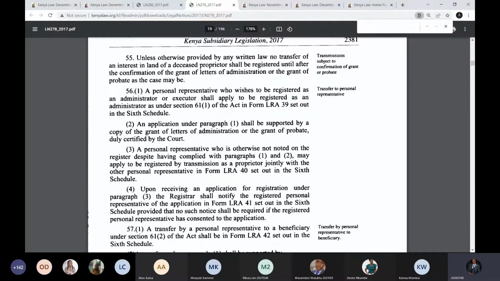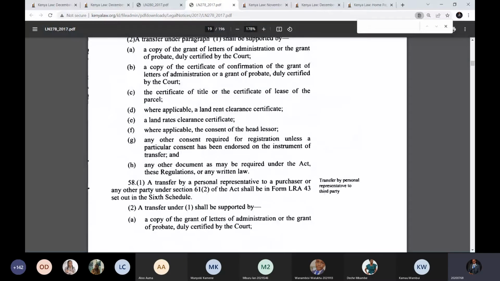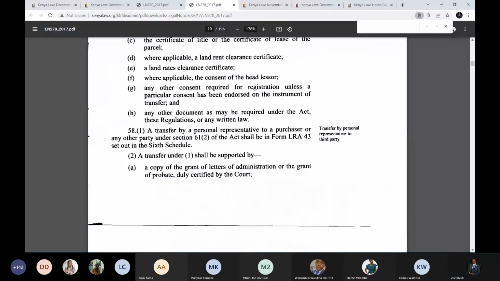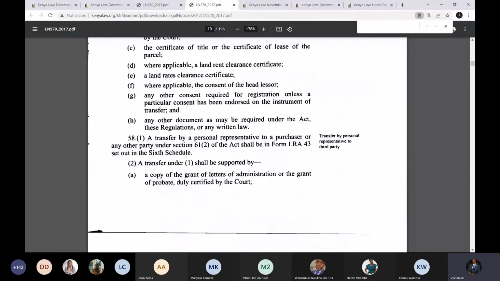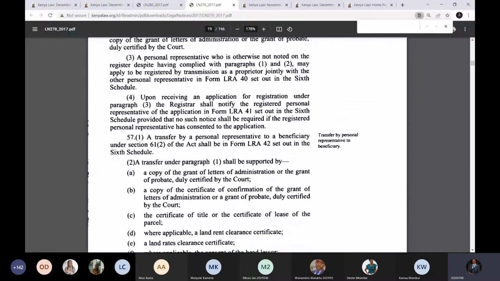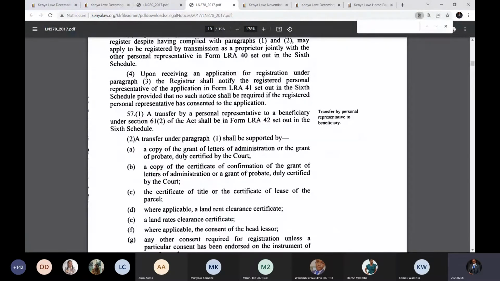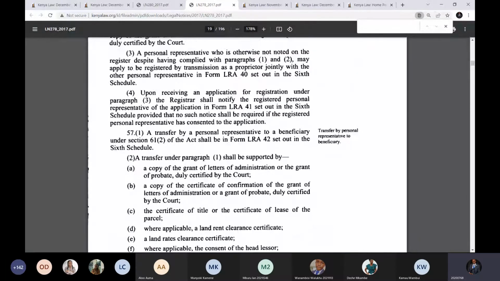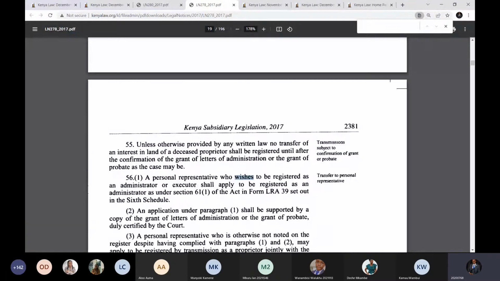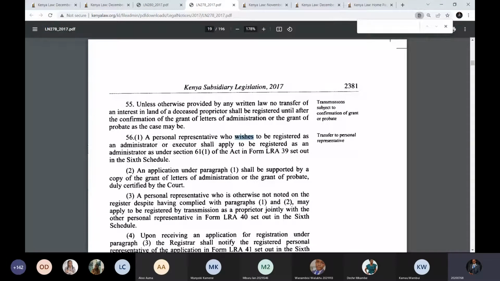For purposes of this question, 55 all the way to 57, but for purposes of revision, take 55 all the way to 58, the entire thing. Transmission is subject to confirmation of grant or probate. So 55 all the way to 57 gives the processes and procedures.